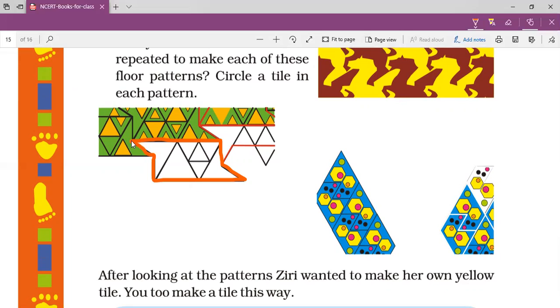Yes, this will be one tile. If we see here also, they have shown it here also. Half of the picture they have not shown, but this will be another tile. Yes, this is another tile.